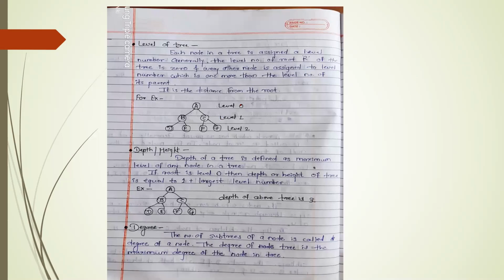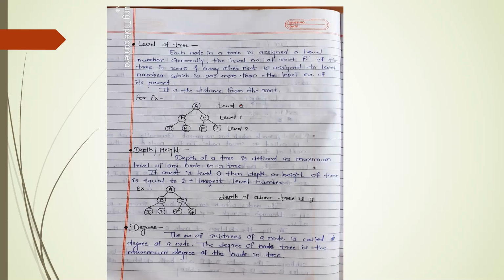Next point is level of tree. Each node in a tree is assigned a level number. Generally, the level number of the first node, the root, is 1. Sorry, 0. Every other node is assigned a level number which is 1 more than the level number of its parent.